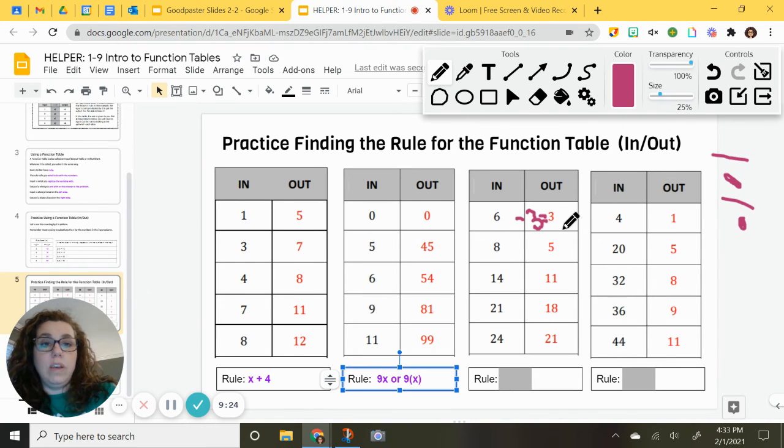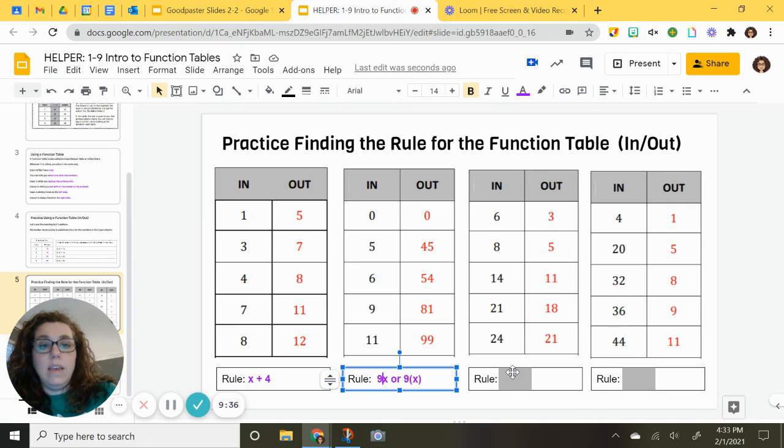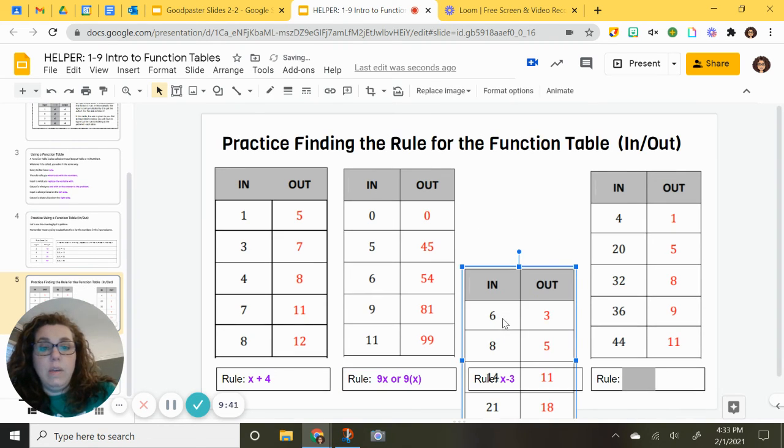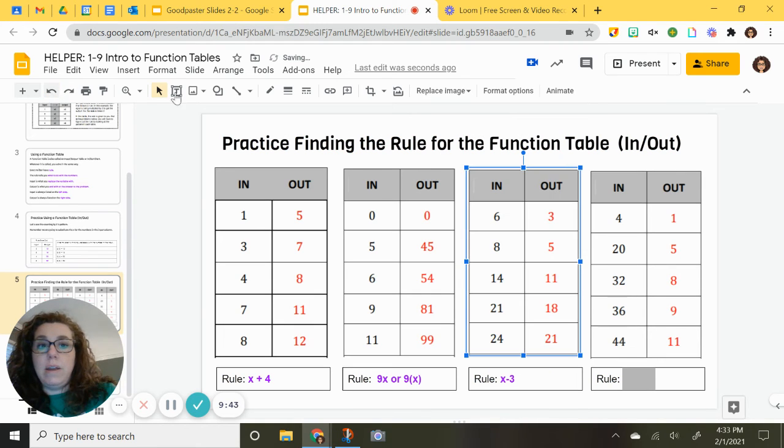Let's see if it works for the others. Let's see if it's a minus 3 pattern. 8 minus 3 is 5. 14 minus 3 is 11. Yep, it works. So my pattern is x, whatever I have here in the n, minus 3.